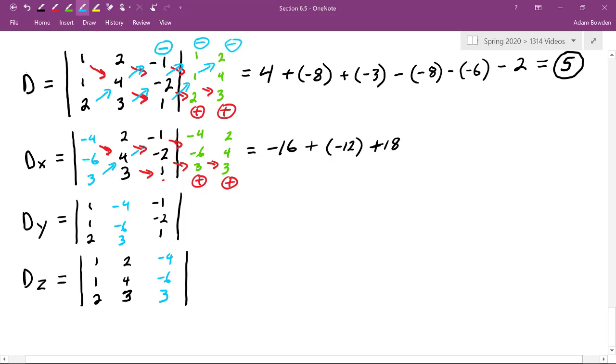And we multiply up diagonally, start subtracting. 3 times 4 times -1, we subtract -12. 3 times -2 times -4, subtracted, we do a minus 24, and then we multiply 1 times negative 6 times 2, subtract that number, minus negative 12. And we put this all together, we get negative 10.